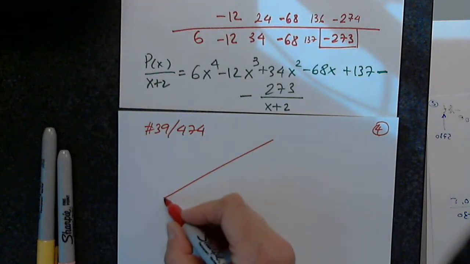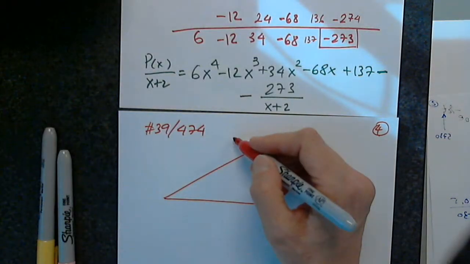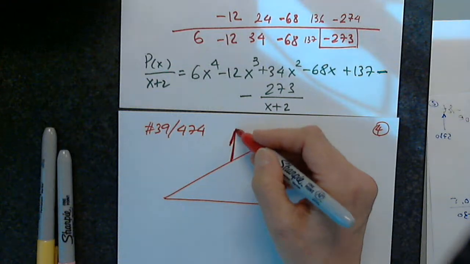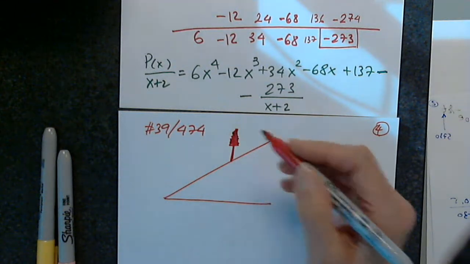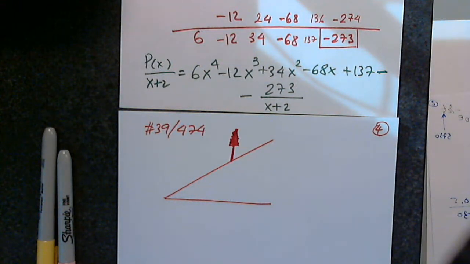So we have a hill and we have a tree. Don't make me draw a tree. Sorry about that. Okay, a tree on a hillside casts a shadow of 215 feet down the hill.